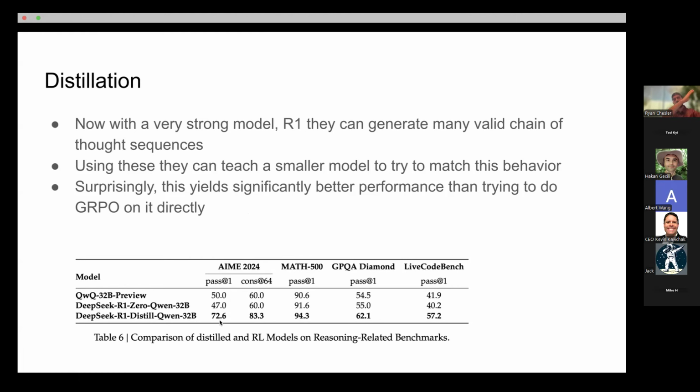We have this much better model. It creates much better chains of thought. We can just train on that directly. And now we have a shrunk model that's very good and is better than you could get from doing the same process on a small model. So that's a kind of interesting phenomenon: we could train a very big model to get something smart, and then we can shrink it down and we'll do better than if we started with just a small model. That's a very valuable thing to do.